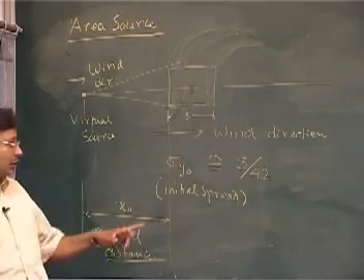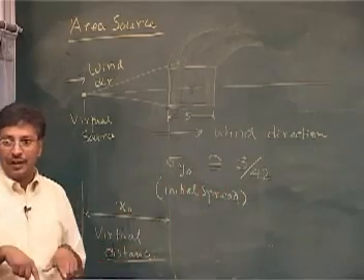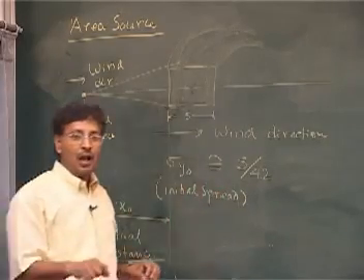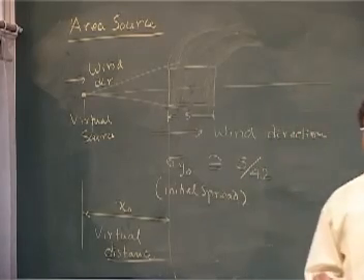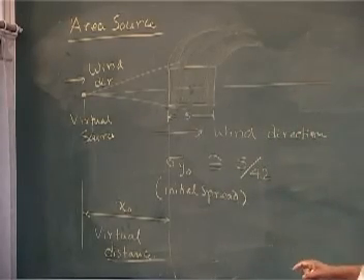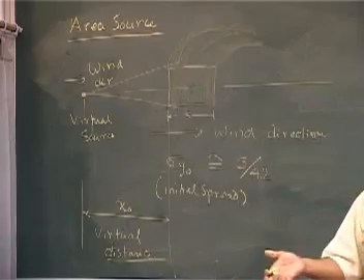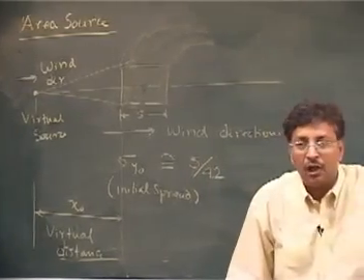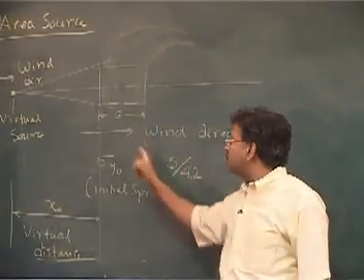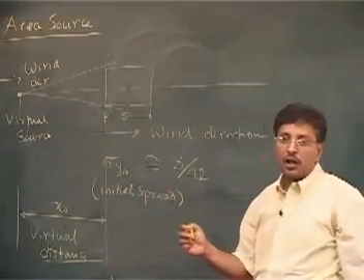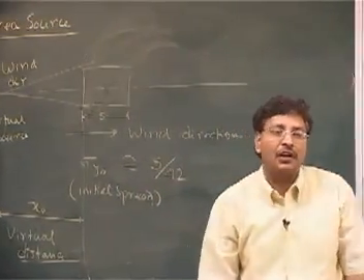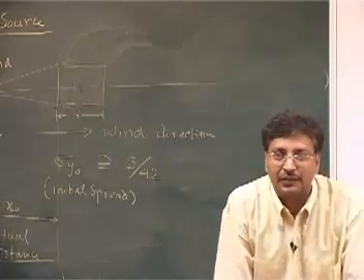Now, S is known to me, the area that I have defined. Somebody has to tell me how I can find out x0. Sigma y0 is the horizontal dispersion coefficient that we talked about, but since I am talking about the initial spread, it is so much. Please tell me how I can find out x0.